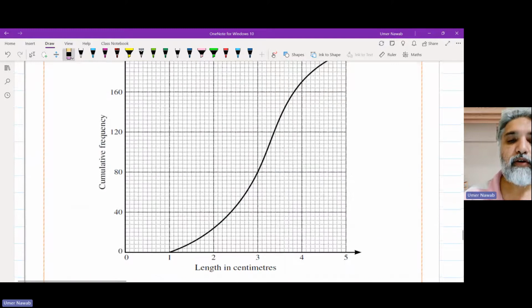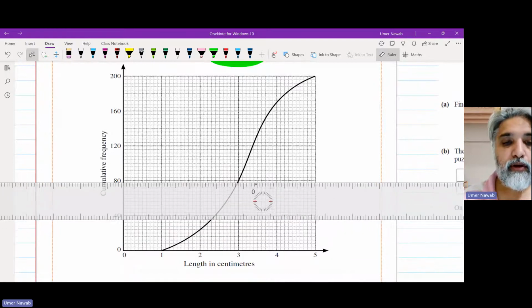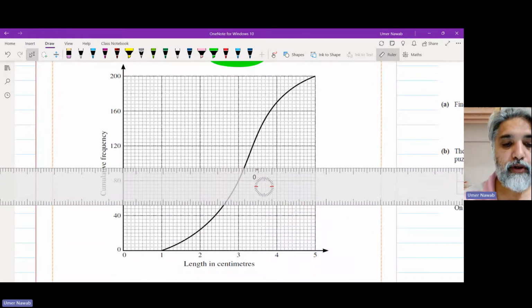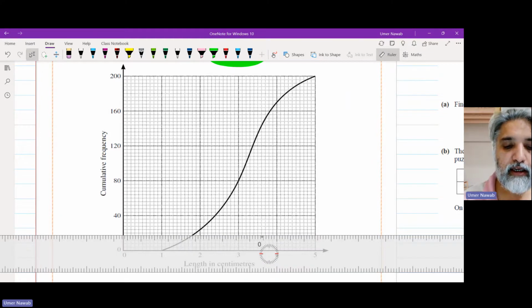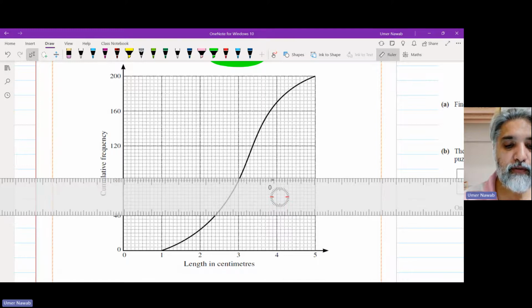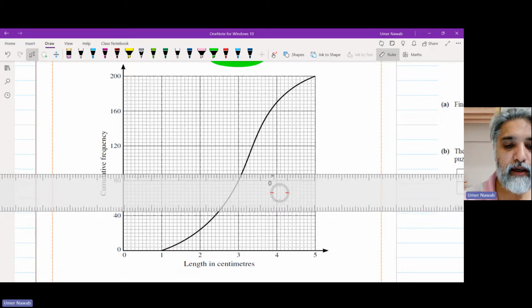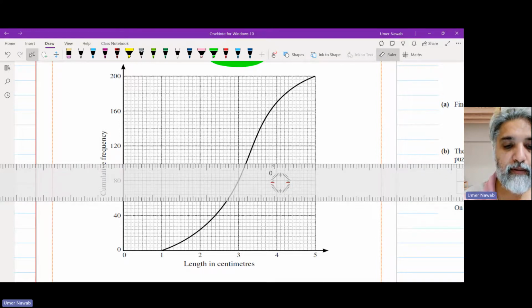So how many total values do we have? 200. Now I need a ruler, guys. In the ruler, half of 200 is 100. From the graph, it is very clear that each box is representing 4. So this is 84, then 88, then 92, then 96, and this is 100.